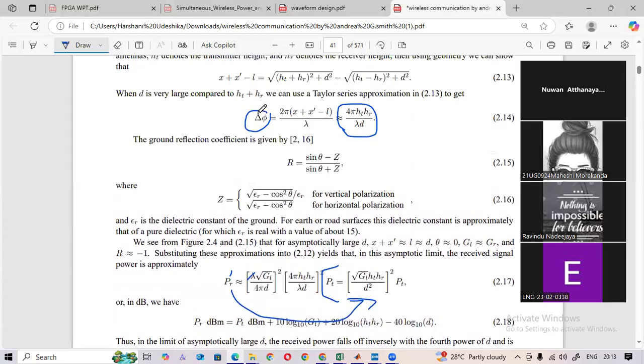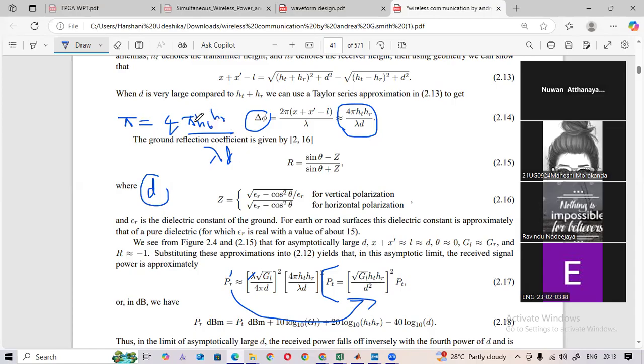So here, if the phase difference delta φ is π, what happens? π equals this one. For π, with HT, HR, and lambda, D, you can find the D here, this distance. So there is a distance D that this can happen.